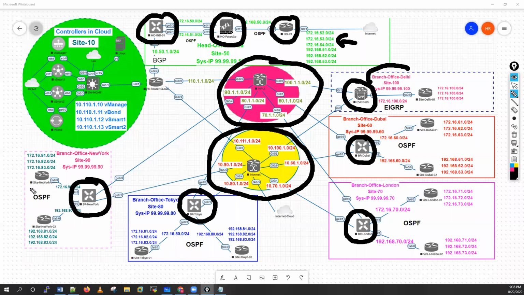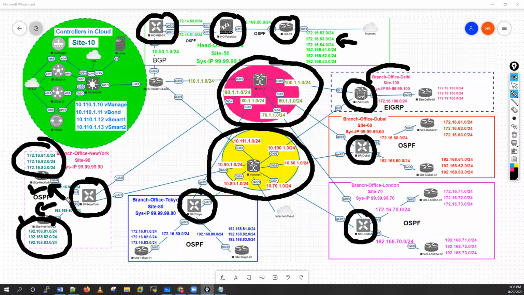On all these branches, they have two routers, right? And I'm using subnets like the 172.16 series and 192.168 series, guys. So you can think this is a different VRF basically, not a network.